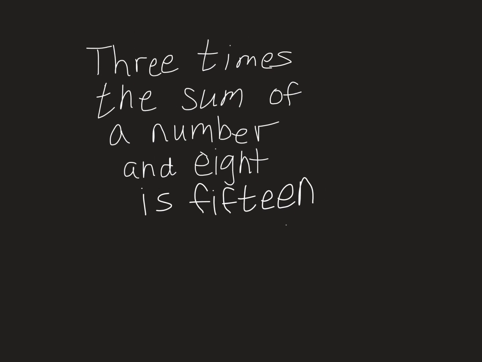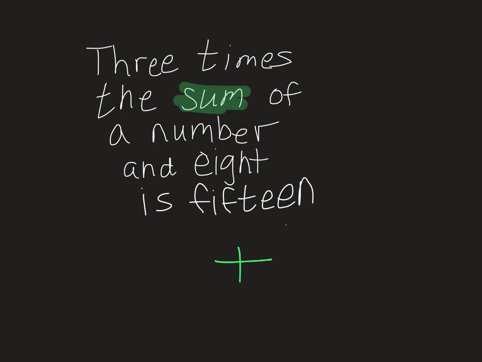The first thing I'm going to highlight is that word sum. What operation is a sum? Yes, sir, go for it, Hunter. Addition. So I know I'm going to add something. I'm going to show you why I'm skipping over the 3 times in just a second.